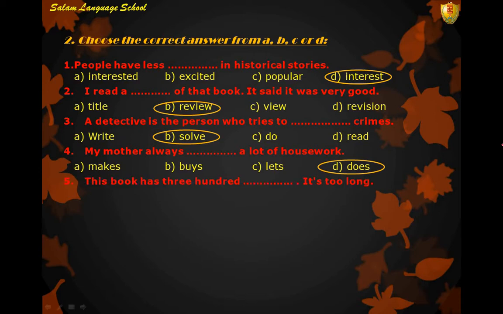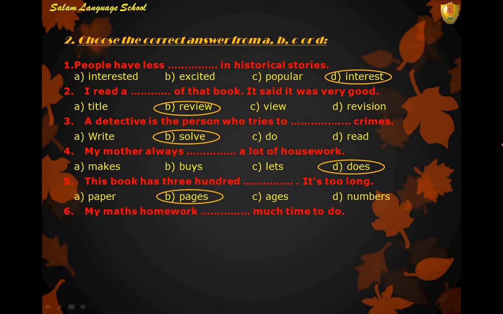Number 5. This book has 300 what? It's too long. This book has what? 300 pages, ages, or numbers? Of course, pages. Books have pages. Number 6. My math homework space much time to do.